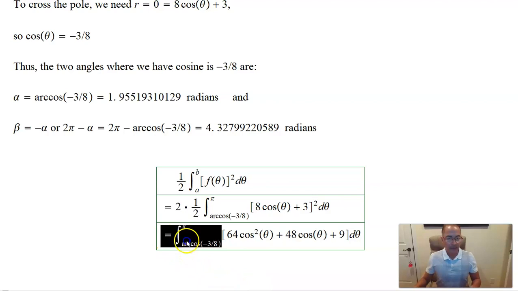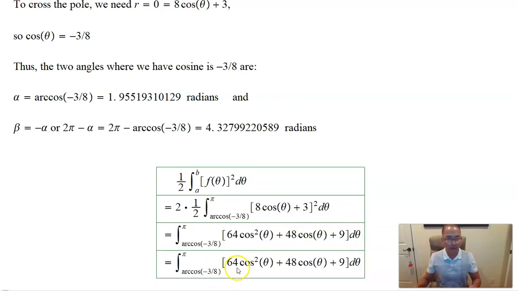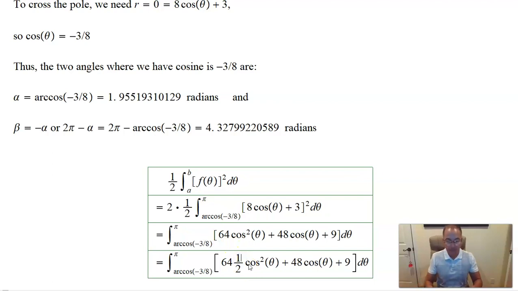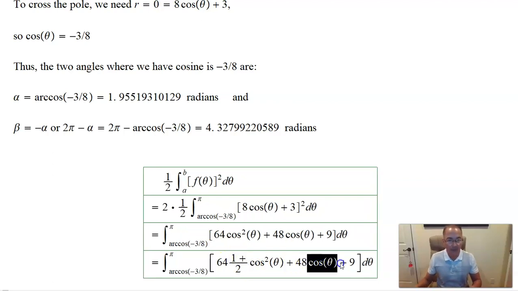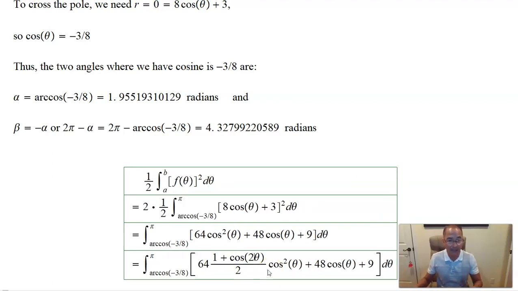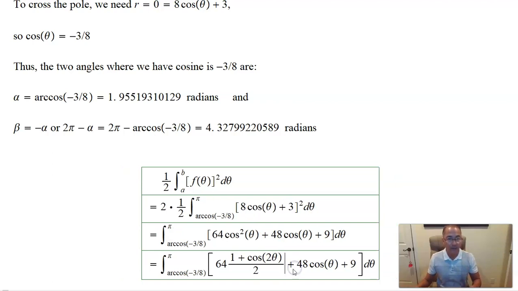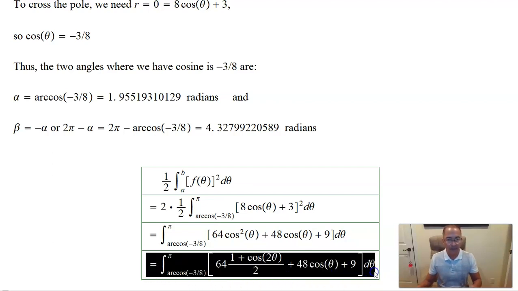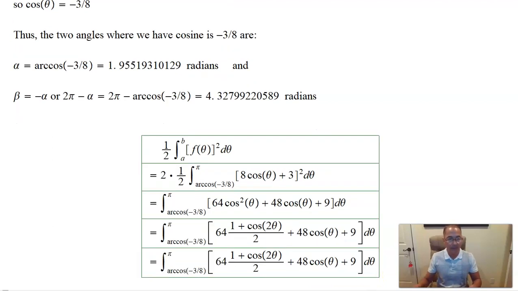Excellent. So now we are ready to power reduce, change the cosine squared into, oh look, a 1/2. Thank you very much. That will be 1 plus cosine 2 theta. I'm going to borrow u and double u. I'm paying interest. Okay. So cosine squared theta is 1 plus cosine 2 theta divided by 2. Excellent, and that is really good because 64 is divisible by 2.